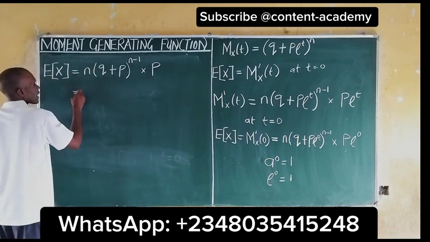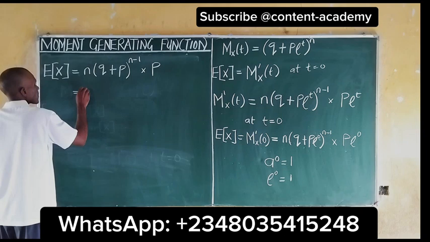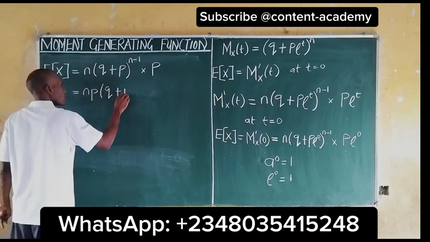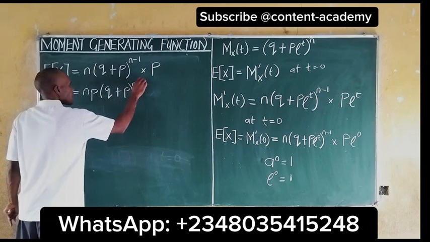So we can still write this as np into (q plus p) raised to the power of n minus 1.